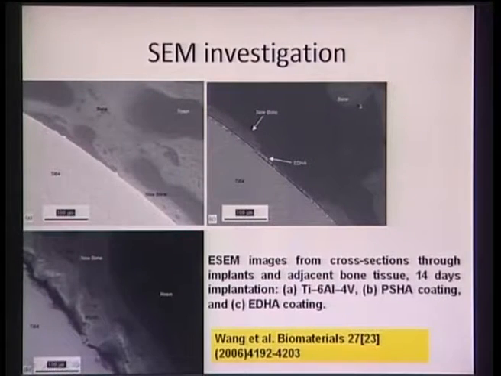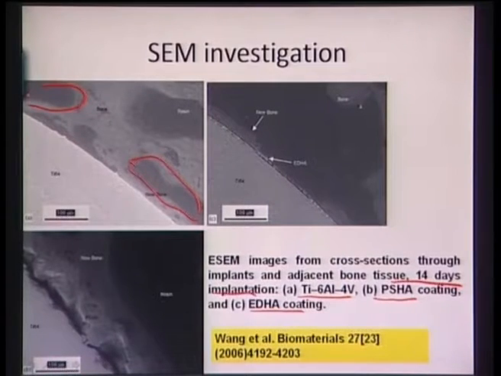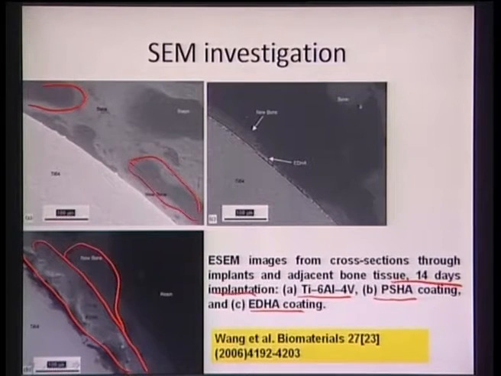So this is after 14 days or 2 weeks of implantation on different materials like Ti6Al4V, plasma sprayed HA coatings and electrochemically deposited HA coatings. Now in all these cases, you can see the neo bone formation. Ti6Al4V, this is your implant. This is the region where the neo bone has been formed.